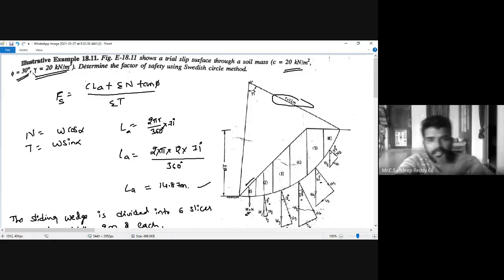So this trick is not applicable everywhere. Why? Because if the slope is 14.5 or 13.5 or 12.6, at that time it is a little bit difficult. You need to take it approximately. And one more important thing is, for all the slices, you can't take the equal width. For some verticals there is a very small width.